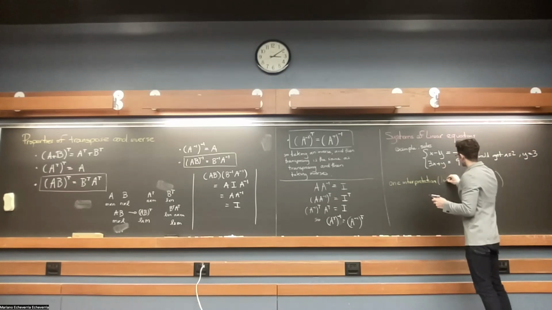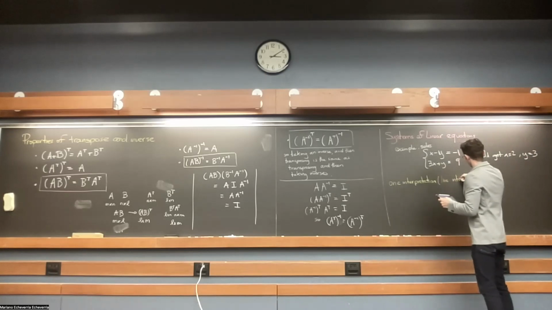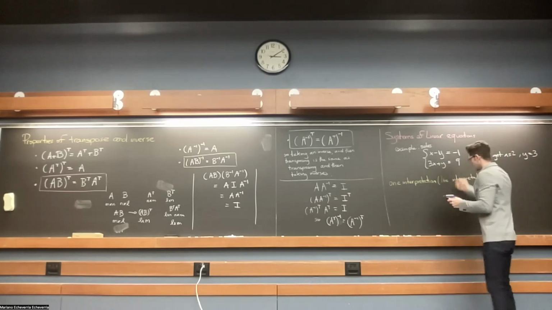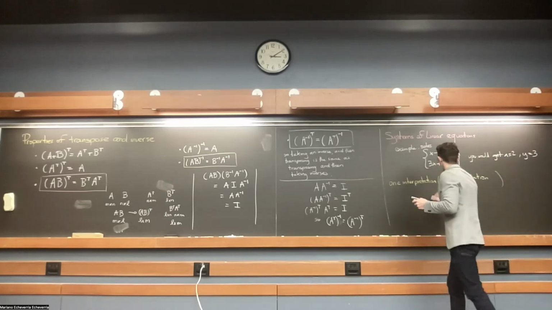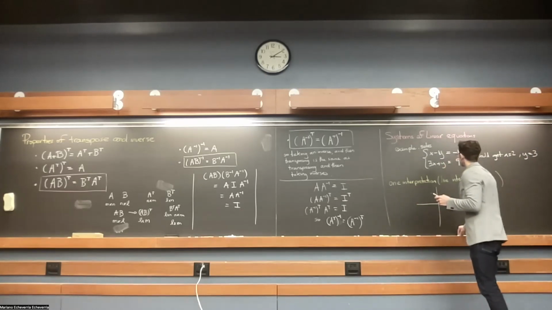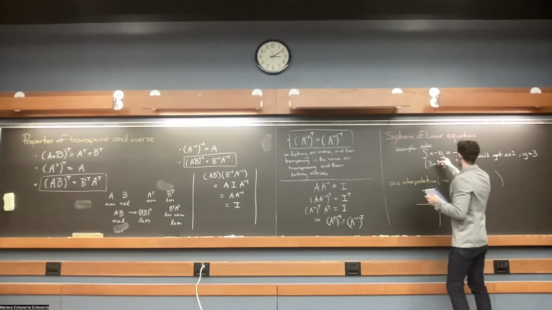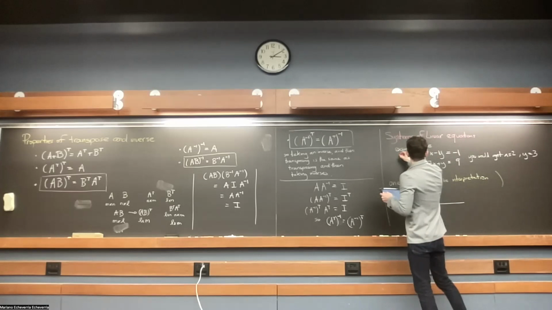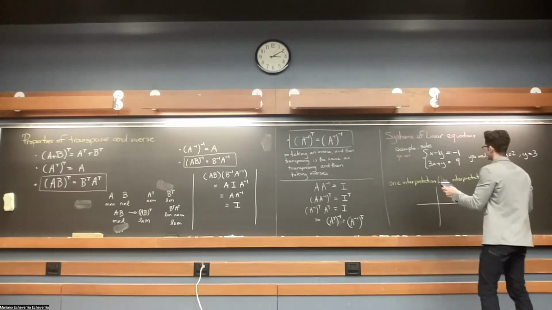So the line interpretation is that you could think of the first equation as some line. Secretly, you're used to thinking about these equations in terms of y. So notice that this first equation says that y equals x plus 1.